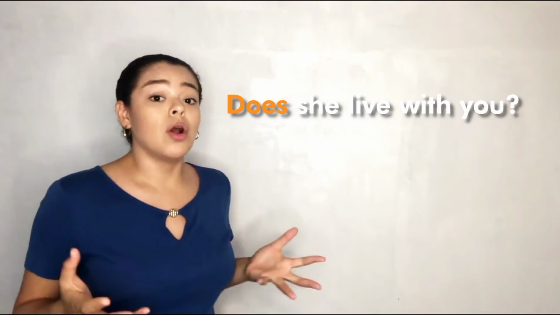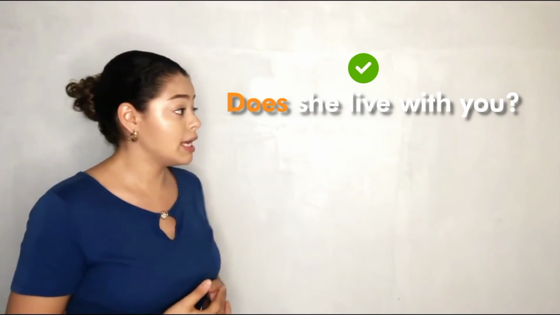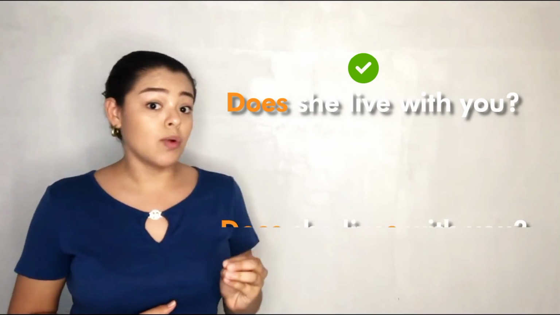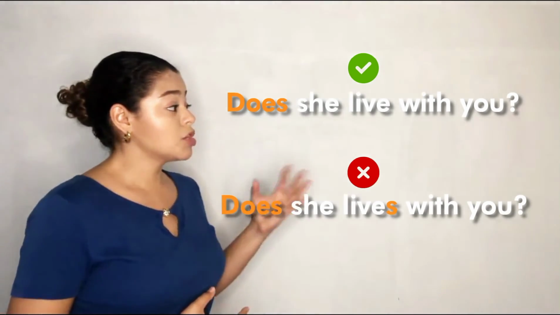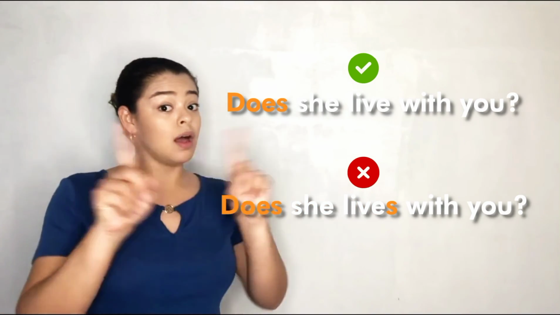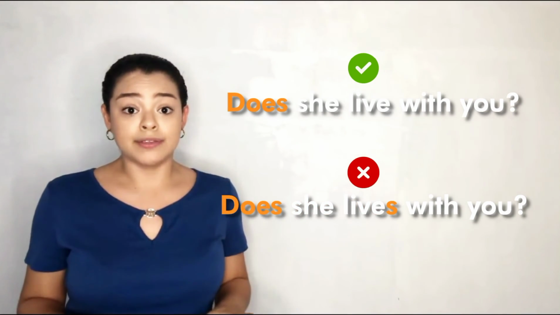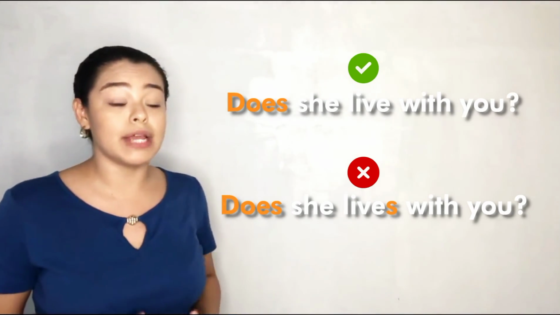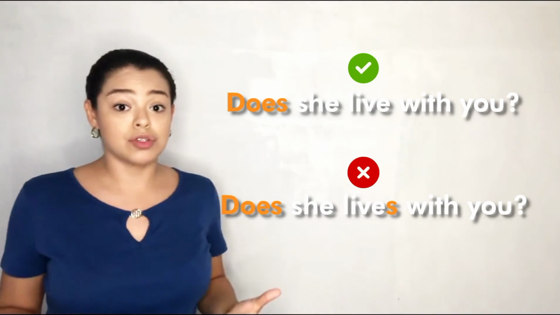So, let me give you an example. The correct question is, does she live with you? Incorrect question would be, does she lives with you? Don't do that, guys. Because we have the auxiliary in this question, does.